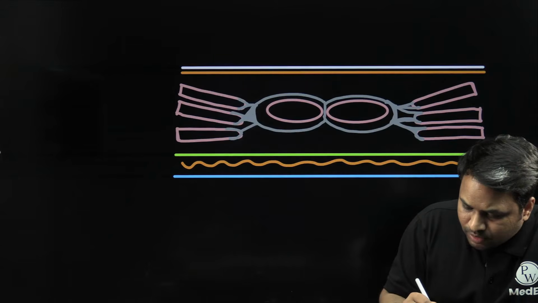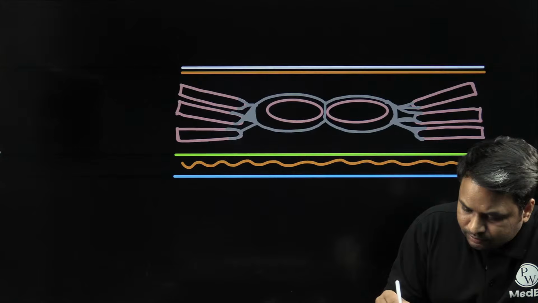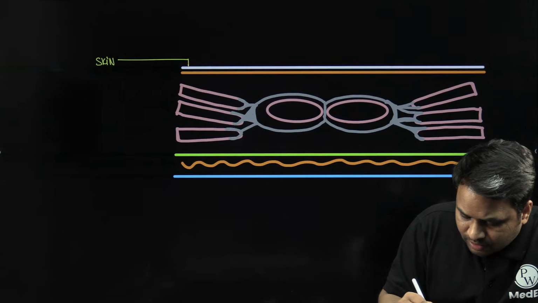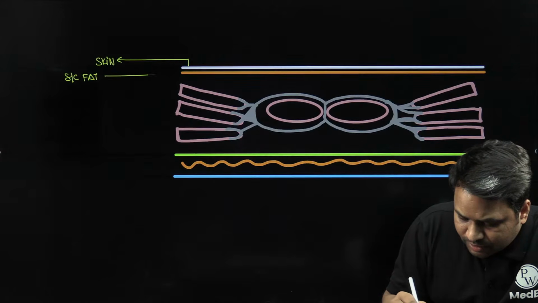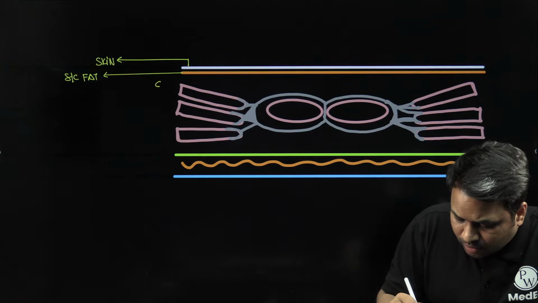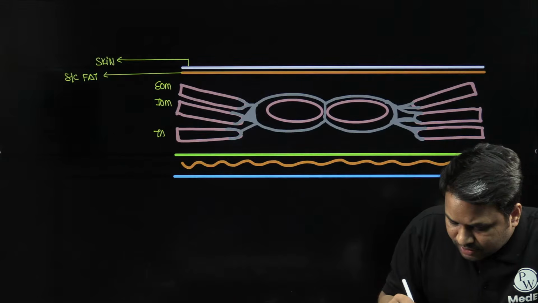Right. So, let's say this happens to be the skin, which is here. Under the skin, you have the subcutaneous fat, which is here. This is your external oblique muscle. This is your internal oblique muscle. This is your transverse abdominis muscle.